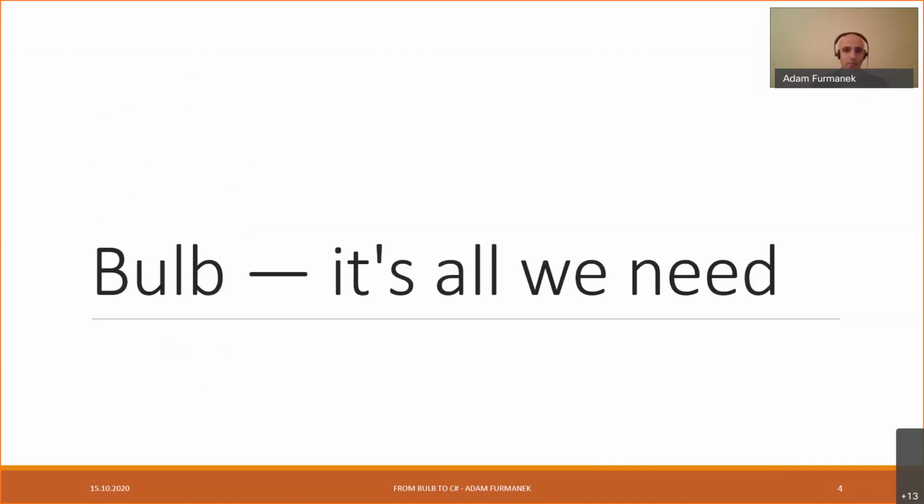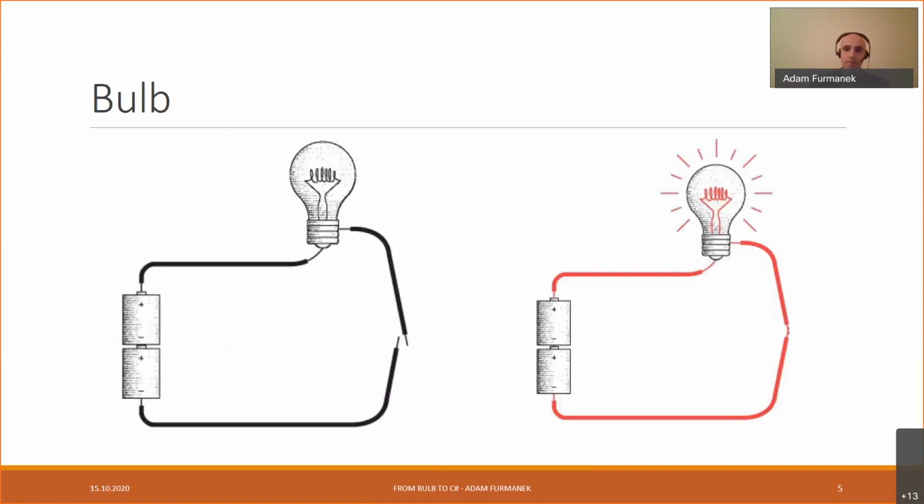Let's begin. So a bulb is all we need. Let's start with this pretty simple example showing the idea of what we are going to do today. We have a piece of wire and a battery, which is basically a source of voltage.